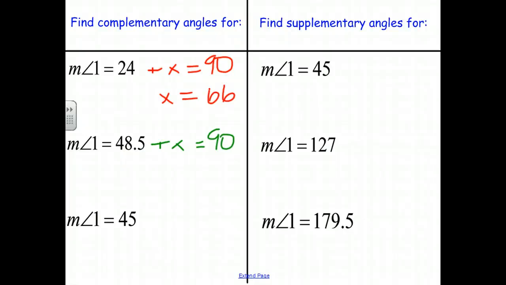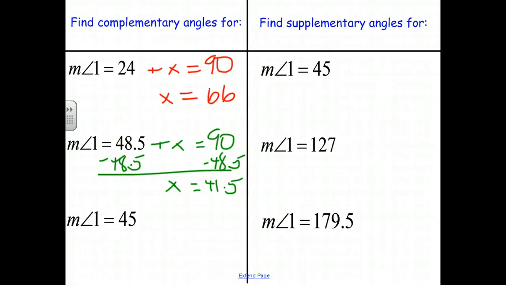Subtract 48.5 from both sides, if we're solving this like an equation, and we get that the measure of the unknown angle has to equal, well, 48.5 plus 41.5 is equal to 90. So the measure of this angle has to equal 41.5 degrees. And finally, for angle 1 is 45, the angle that you're looking for is also 45 degrees.